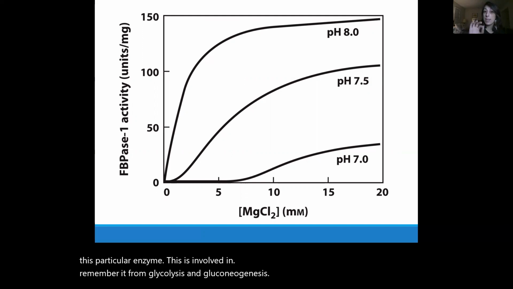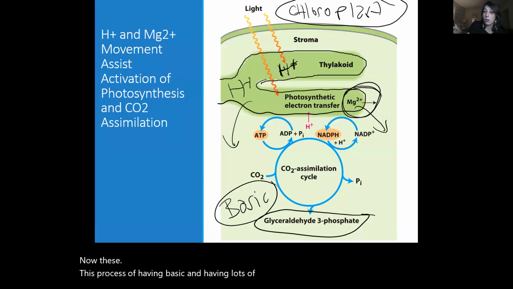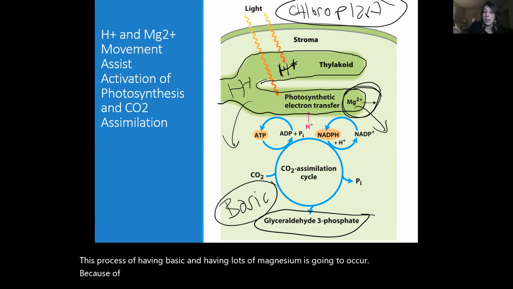Now, this process of having a basic pH and lots of magnesium is going to occur because of the thylakoid taking in light, pumping protons to the inside, making the stroma basic, and pumping magnesium into the stroma.